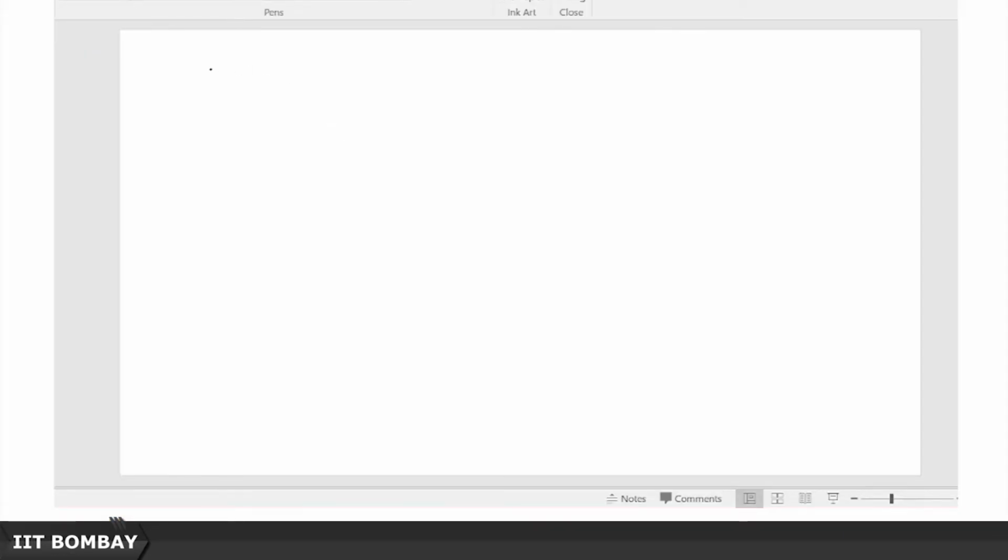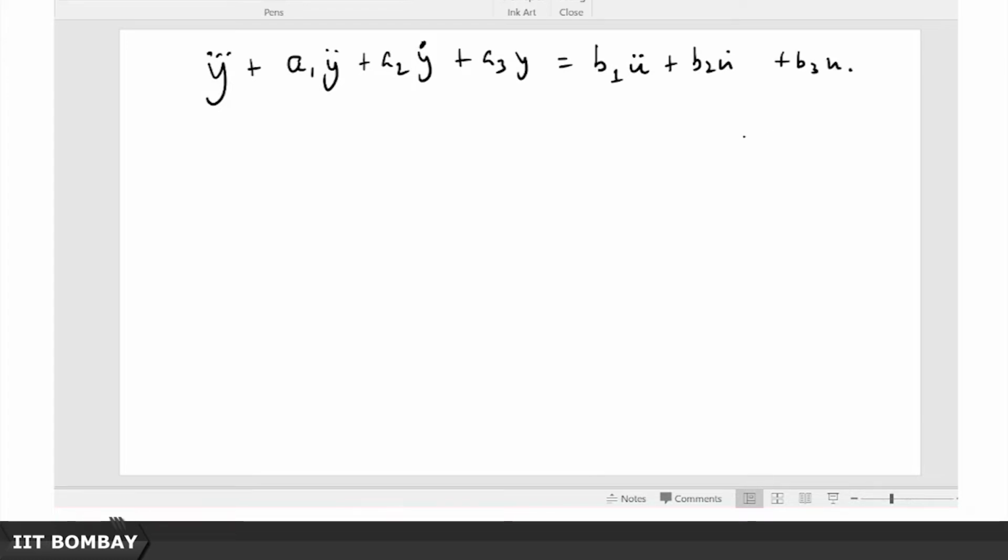It will be more evident as we go into a solution of this system of differential equations, but remember that in an ordinary differential equation such as this, a1 y double dot plus a2 y dot plus a3 y is equal to, let's say, b1 u double dot plus b2 u dot plus b3 u, I can give you initial conditions like y(0) is equal to, say, some p, and the derivative of y at some other instant of time.